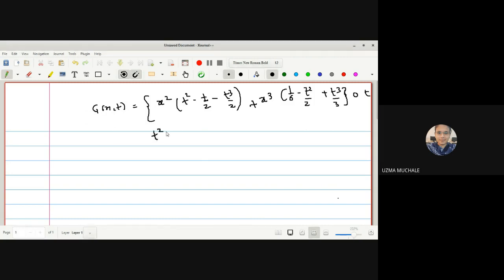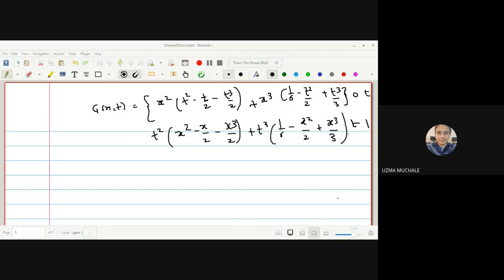Here it is t square into x square minus x by 2 minus x cube by 2, plus t cube into 1 by 6 minus x square by 2 plus x cube by 3, and this is in the interval t to 1. Okay, you have to verify whether whatever values of the constant terms you have found are correct or not.